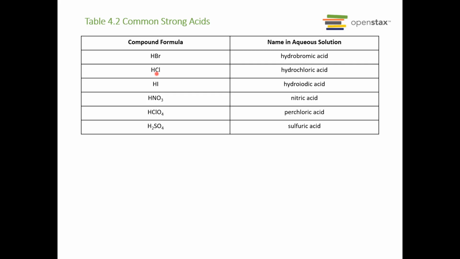They'll do the same thing, but rather than completely dissociating, giving us 100% of those ions, the weak acids are only going to partially dissociate, so we'll only get a little bit of that H+, and then whatever the negative piece of that particular acid is. But all of these are strong, so all of them are going to completely dissociate, and by dissociate, I just mean separate out from the positive hydrogen, and then the negative bromide, negative chloride, negative nitrate, whatever it may be for that particular acid.